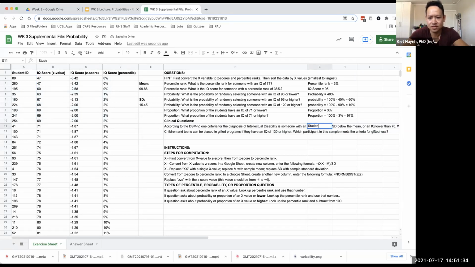Student. And what I'm going to do is delete and put a comma in between these values.